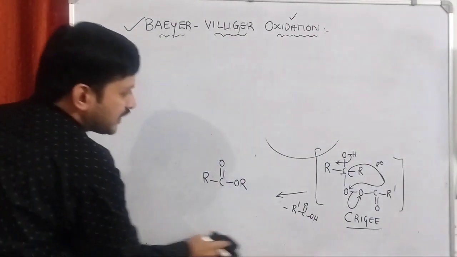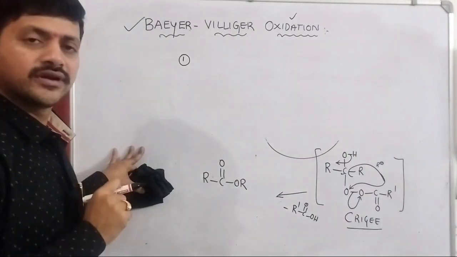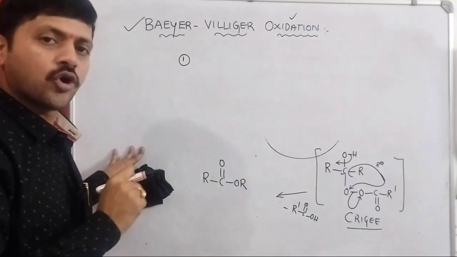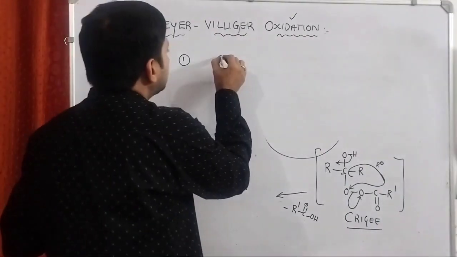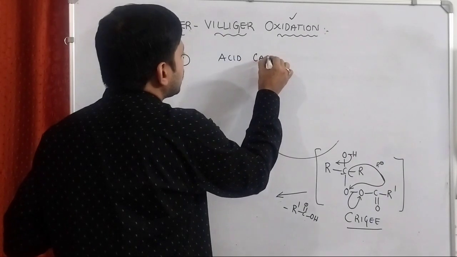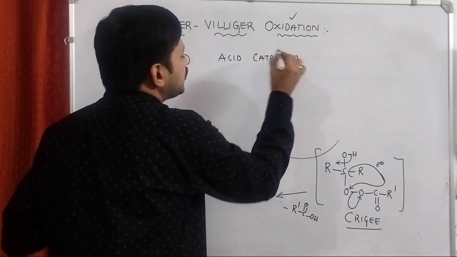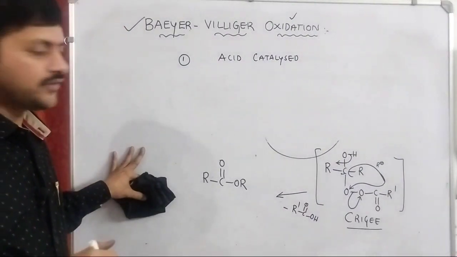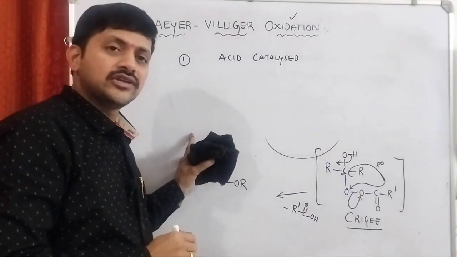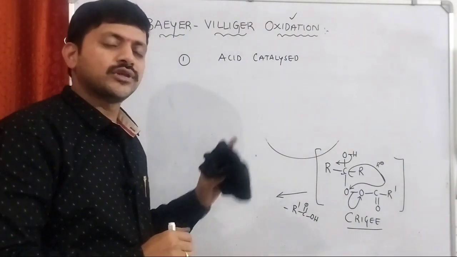Here we have some important points we need to remember. The first one: the Baeyer-Villiger oxidation is an acid catalyzed oxidation reaction. If you see the mechanism, initially H plus ion is attached to the ketonic group.